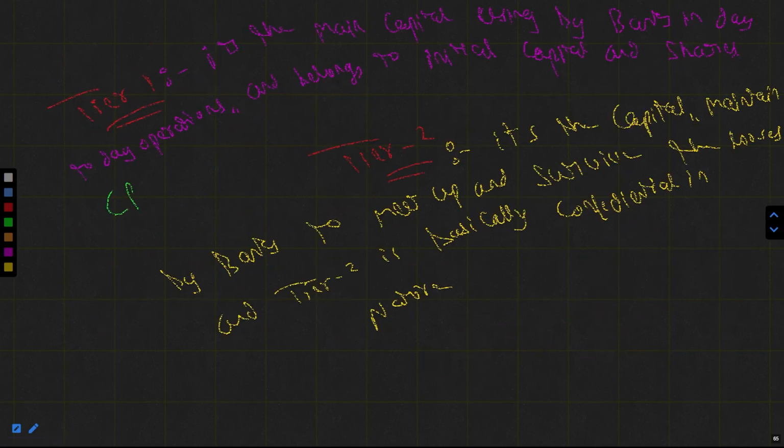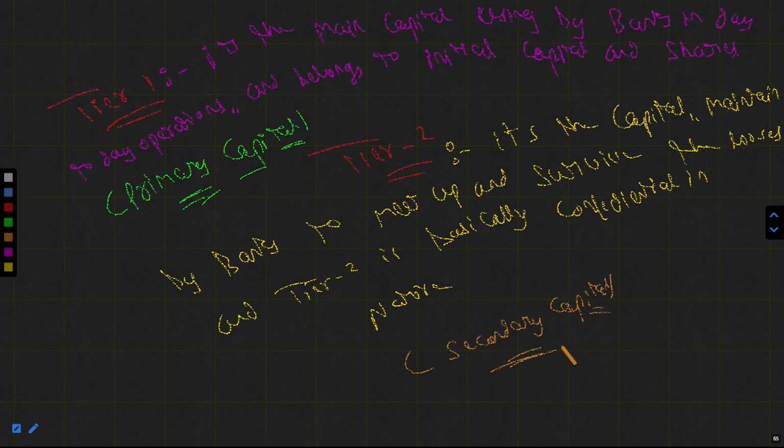And remember one point: tier 1 is called the primary capital, the reason being that it is directly used in day-to-day operations, whereas tier 2 is called the secondary capital because it is generally not used in day-to-day operations, but it is maintained to meet the needs of the time.